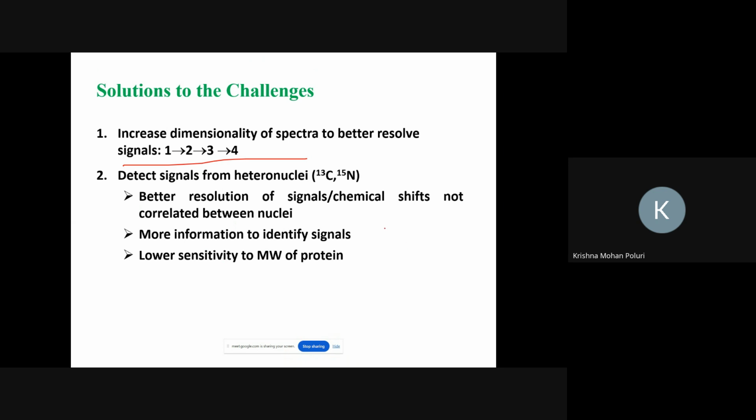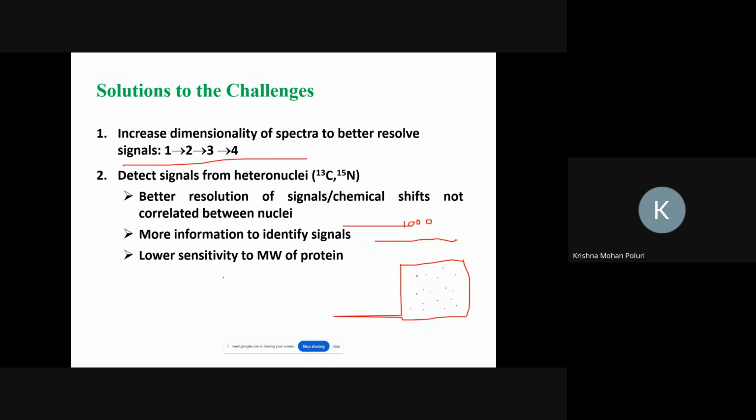Simple. Dimensionality of NMR means, one dimension means I have a line here. Suppose I have 1000 points. I put 1000 points in the line. Of course, it is crowded. So now these 1000 points, I will put in a square. This is called two-dimensional NMR. So now I can visualize better.